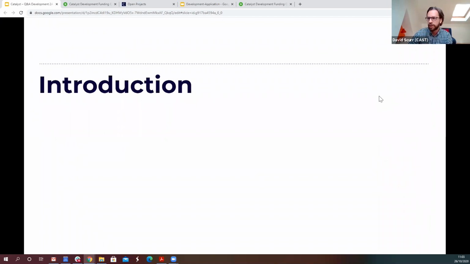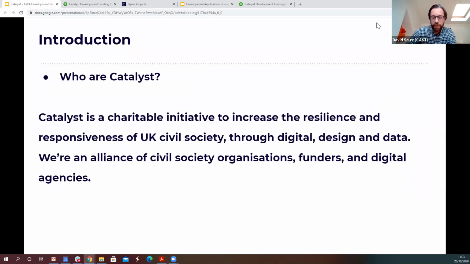We'll do a quick introduction, first of all, about Catalyst and CAST, and then start looking at the detail and the development funding round. So first of all, who are Catalyst? Catalyst is a charitable initiative to increase the resilience and responsiveness of UK civil society through digital design and data. We're an alliance of civil society organisations, funders, and digital agencies.